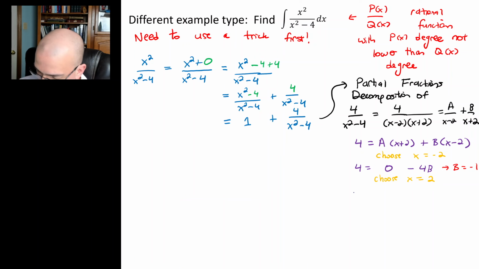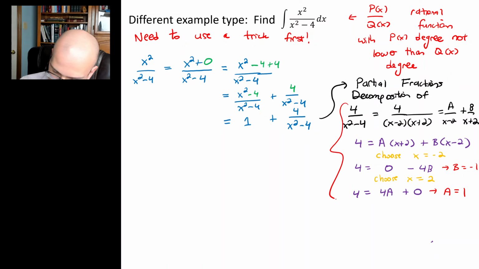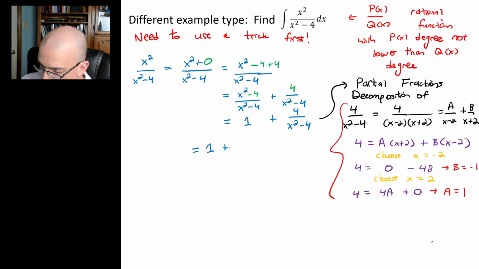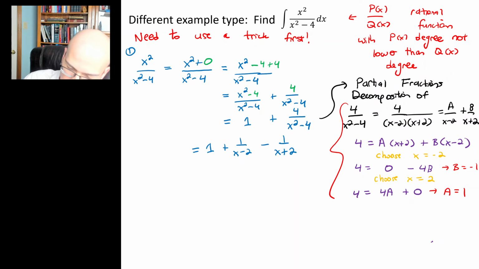I get 4 is equal to 4a plus 0, which tells me that a is equal to positive 1. Then we can rewrite this as 1 plus 1 over x minus 2 minus 1 over x plus 2. So that was step 1, decompose.